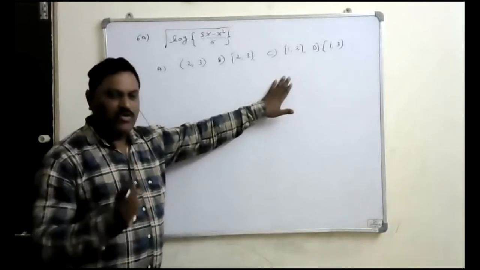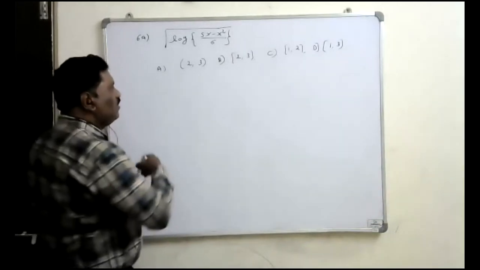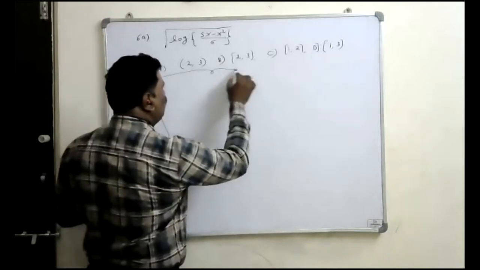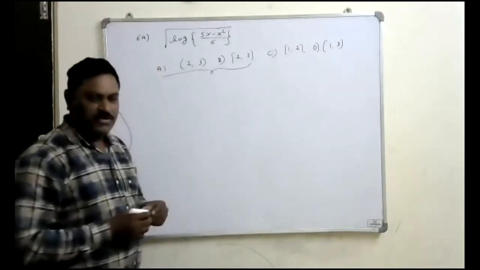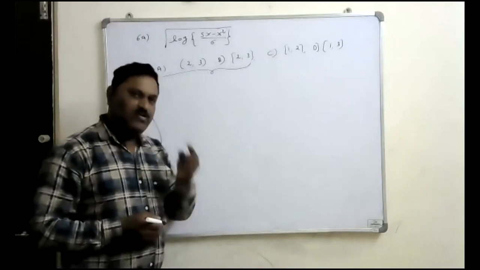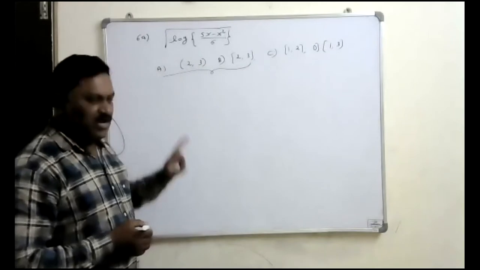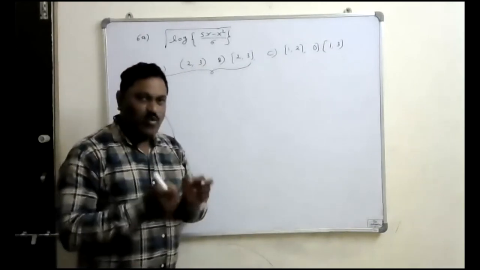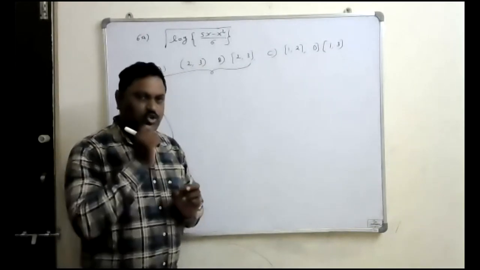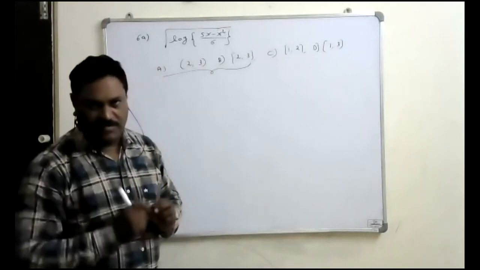How to eliminate the wrong option? First observe the first 2 options. From these 2, I will eliminate one wrong option. For that, from the 2 given intervals, select one value which lies in one interval and does not lie in the other interval.